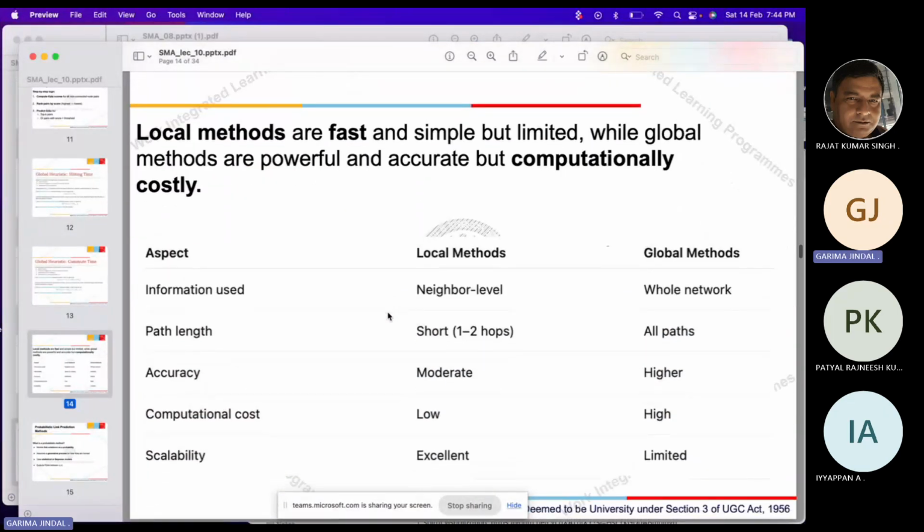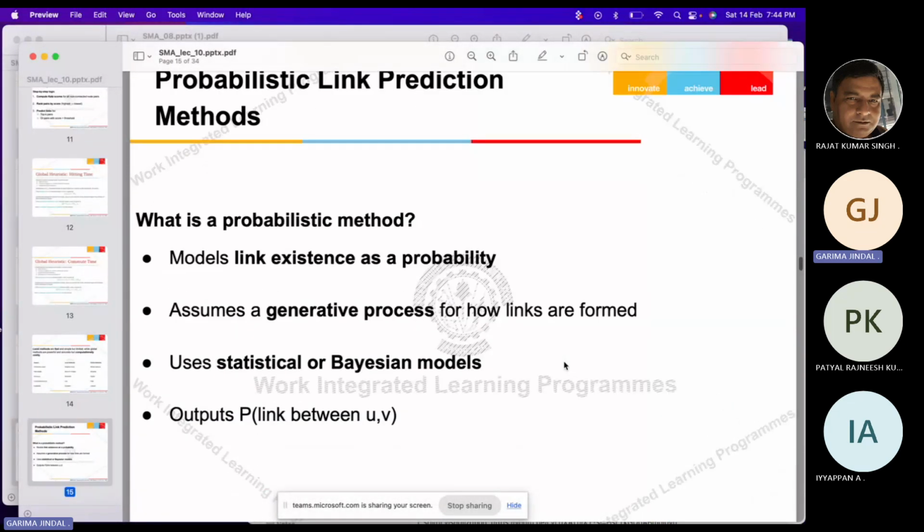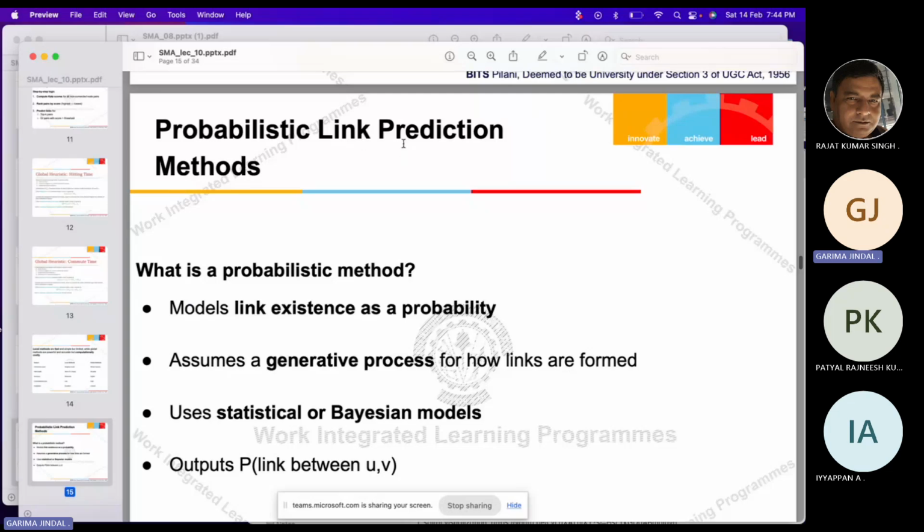So in the 10th lecture, we have seen the difference between the local method and the global method, which I have already explained. Then we also saw another method that was probabilistic based.